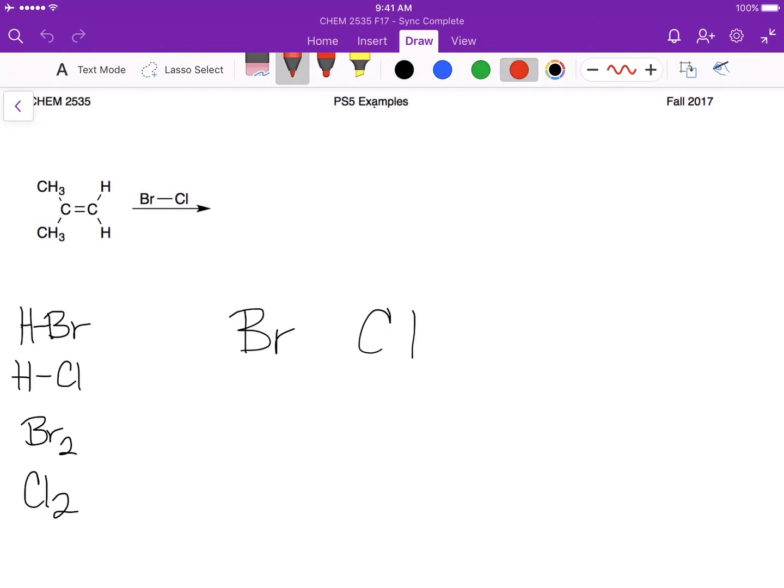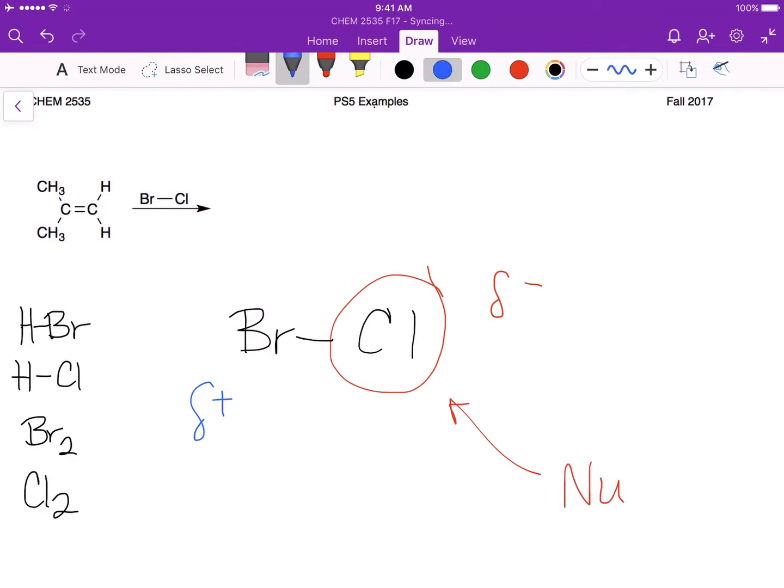electronegative? And if we look at the periodic table, chlorine is more electronegative. It pulls away all that electron density, building up a good partial negative charge on the chlorine atom, and a partial positive charge on our bromine. So with that in mind, this chlorine is going to be our nucleophile. Bromine is going to be our electrophile. So it's going to follow Markovnikov's rule, less E, more nu.